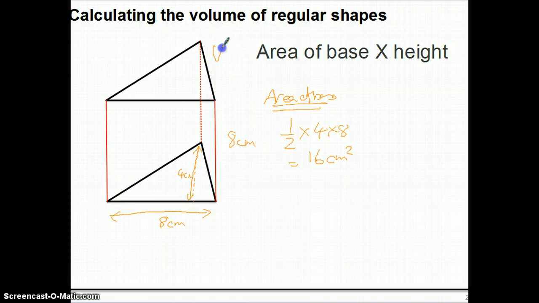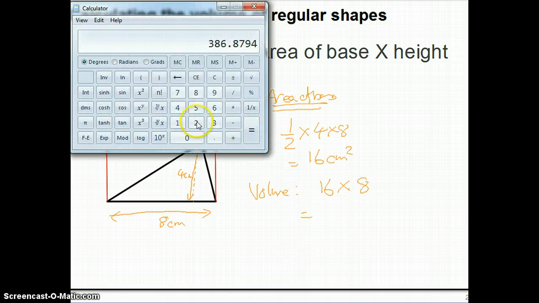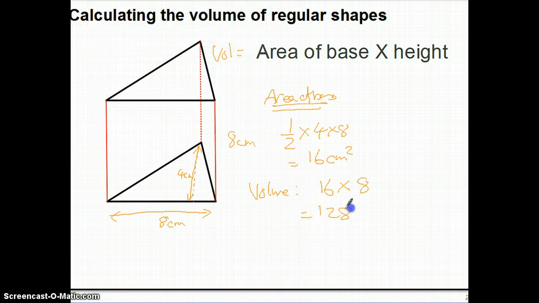So the volume is 16 times 8. Now you could use your calculator for that. That's 128 centimeters, now really important we get our units right here, cubed. Okay, so 128 cubic centimeters would fit inside that shape.